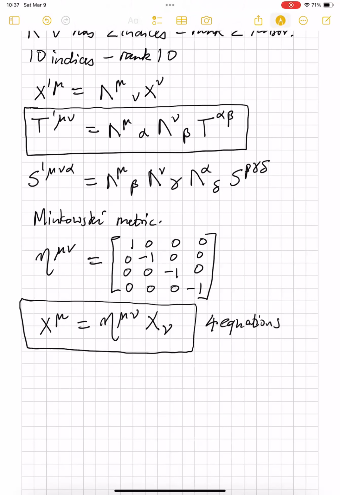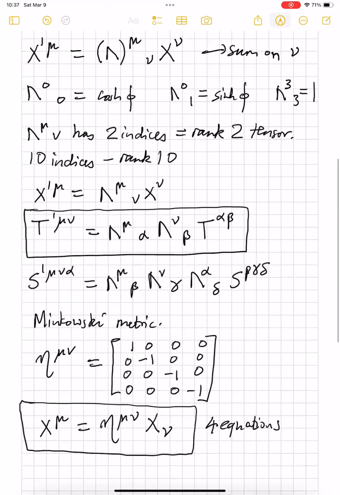Now, what does a matrix do? A matrix acts on a vector to produce a vector. Eta mu nu has acted on a covariant vector to produce a contravariant vector. So that's why I don't like to call eta mu nu a matrix. It acts on a covariant vector and produces a contravariant vector.